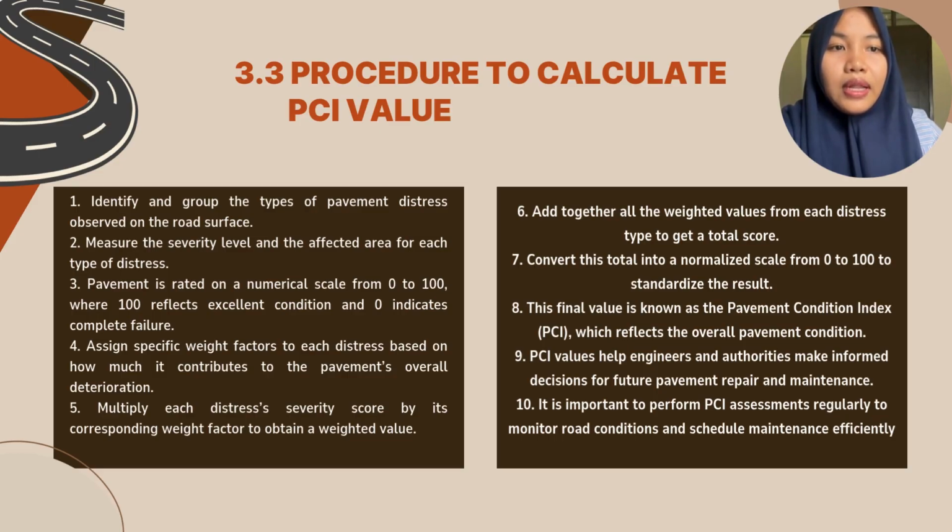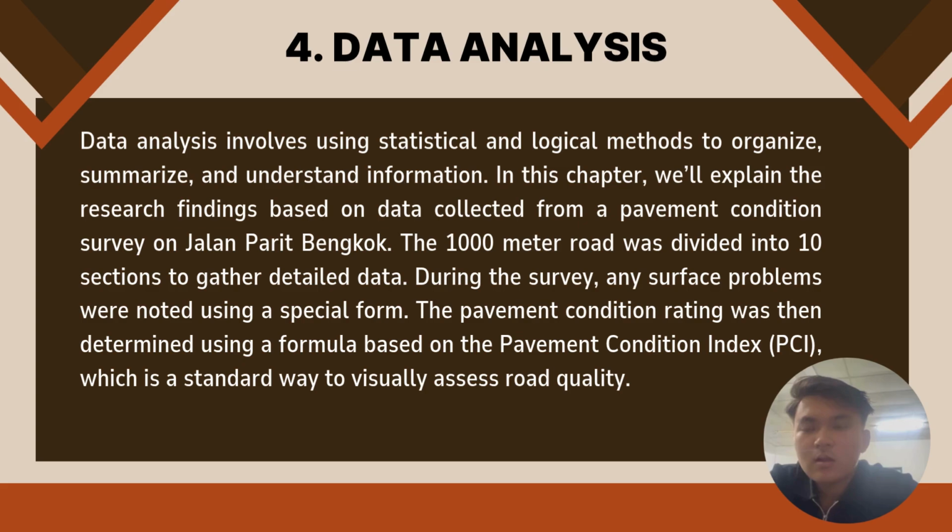PCI values help engineers and authorities make informed decisions for future pavement repair and maintenance. And last, 10. It is important to perform PCI assessment regularly to monitor road condition and schedule maintenance efficiently.